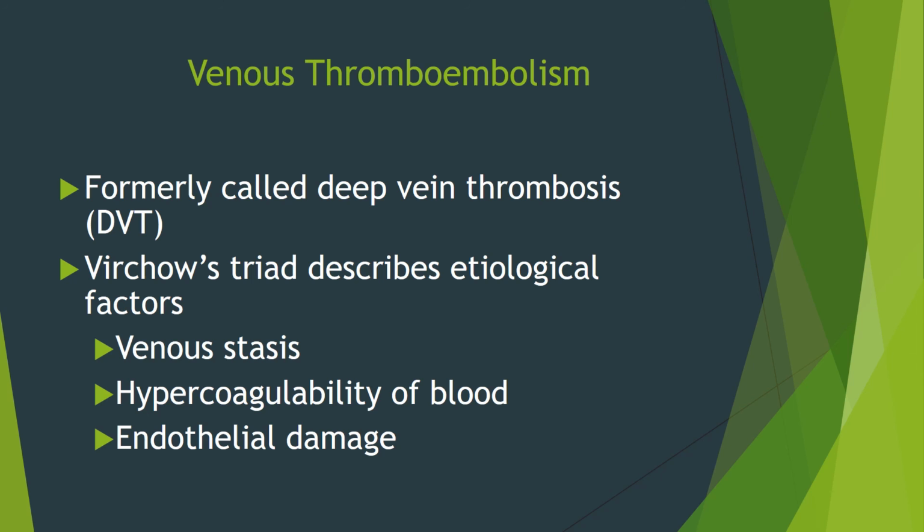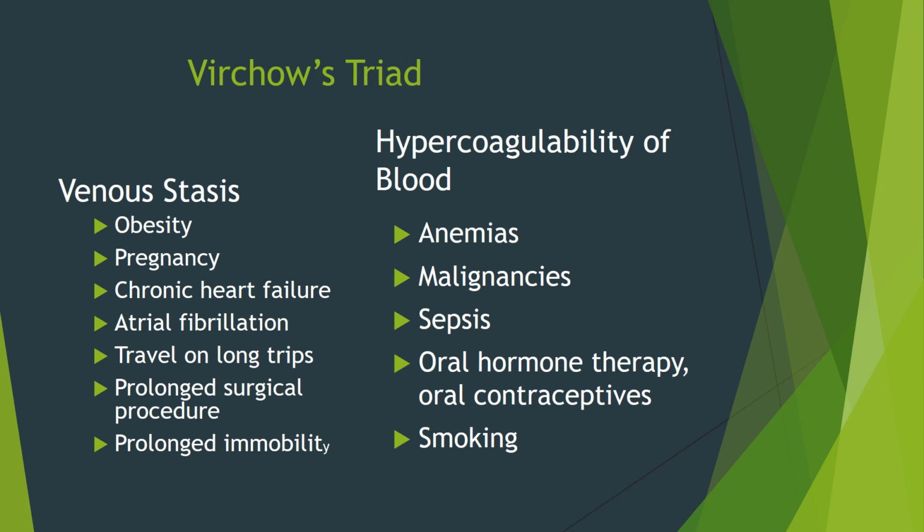And then thirdly, endothelial damage. So damage to that inner layer of the vein, that intimal layer, that very inner layer. Under the next 2 slides, I've put all the risk factors that fall under them. And they make sense, they're pretty logical.